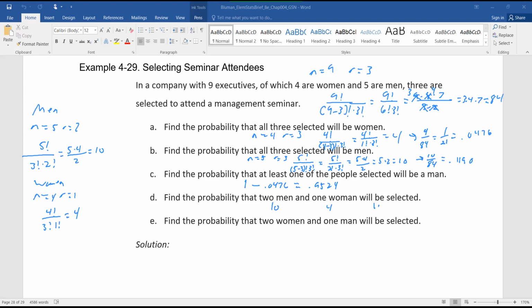So this will be 10 times 4 because and means to multiply. And I have 84 options. So this now gives me 40 out of 84. So that would just be 40 divided by 84. And that would give me 0.476.